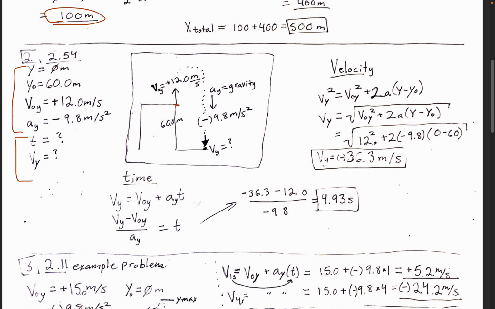So, if we have this, what we're trying to find is Vy. So we have to rearrange the equation. It's easy for this one. You just take the square root of the right side, and then you've got Vy equals square root of V initial squared plus 2a times the change in y.